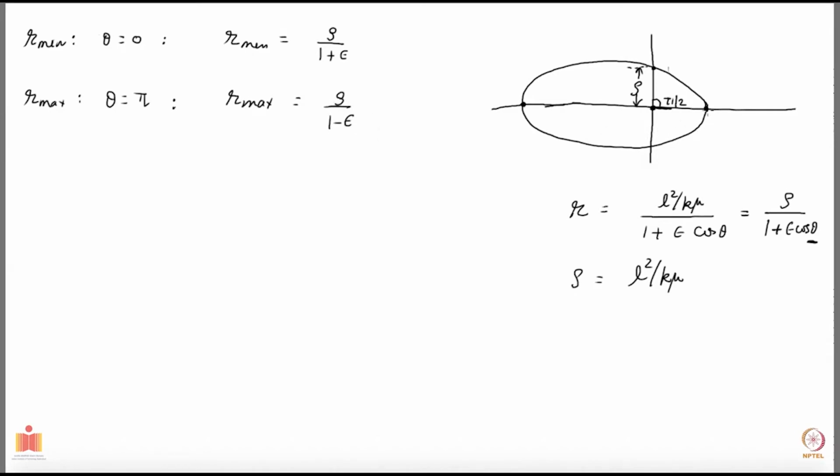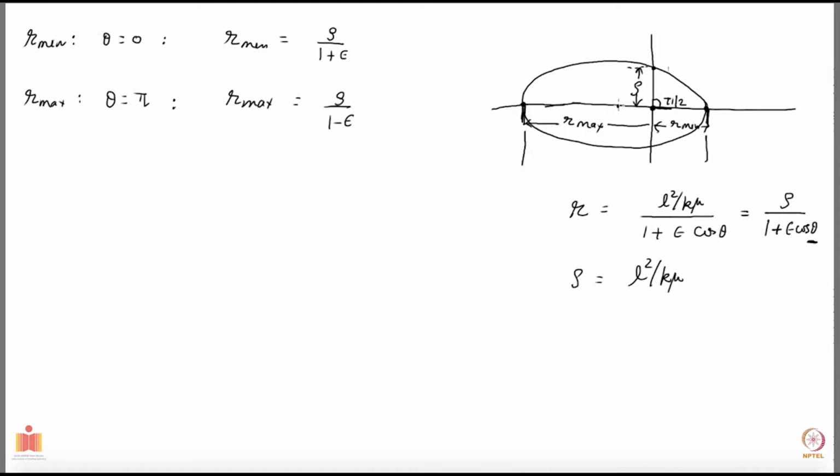Here it is r minimum, that is r maximum. So r maximum is from here to there. This is r minimum from this point to the origin.